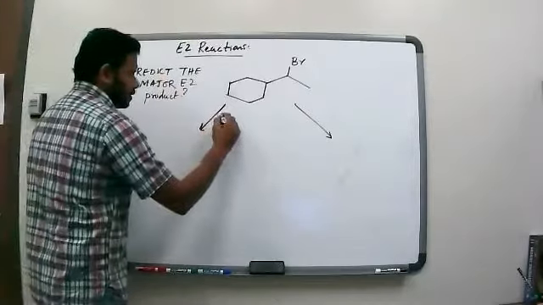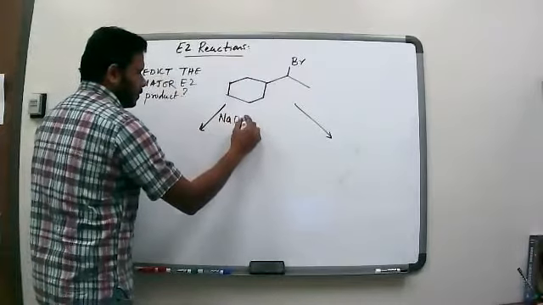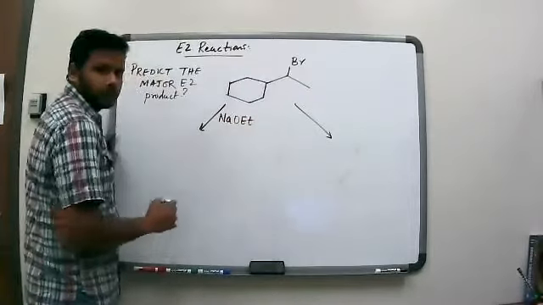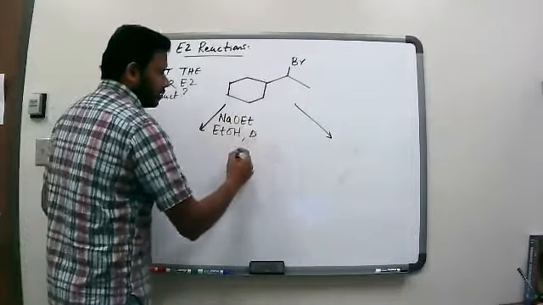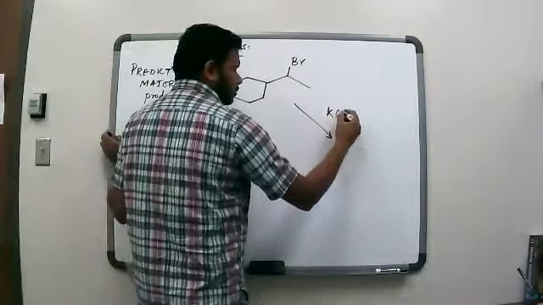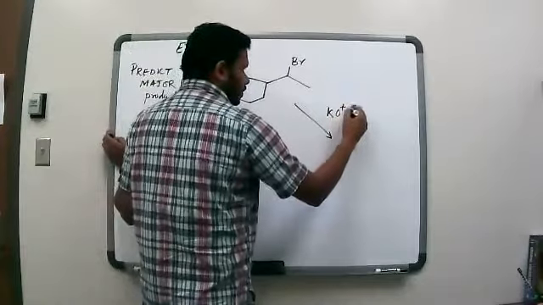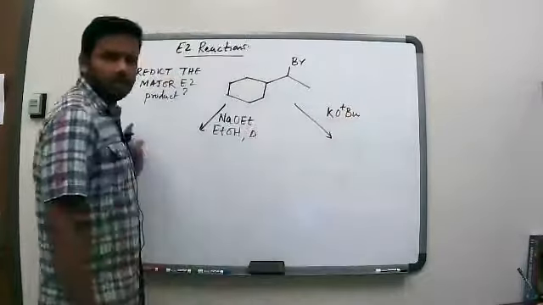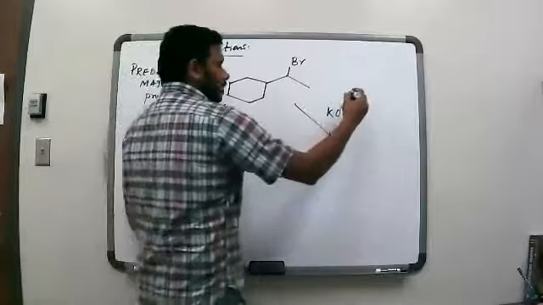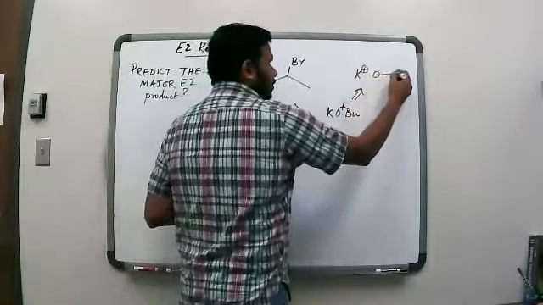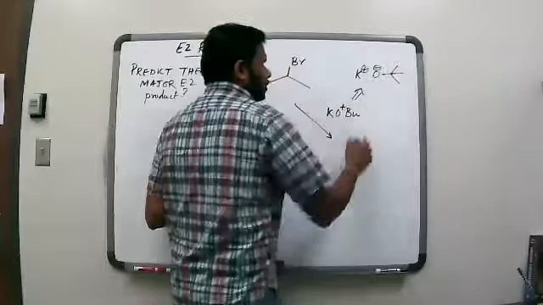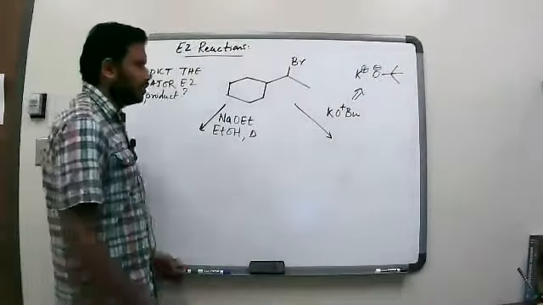That is what we're doing here. And one of the conditions is NaOEt with ethanol and heat. The other condition is potassium t-butoxide. That's how we write this. This is essentially potassium O t-butoxide, that thing. Okay, that's how we write that.